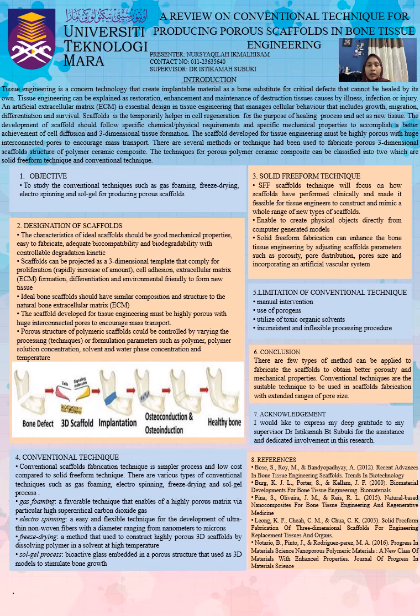It is a bioactive glass embedded in a porous structure that is used as a 3D model to stimulate bone growth. Actually, there are other types of conventional technique, such as particulate leaching, casting solvent.